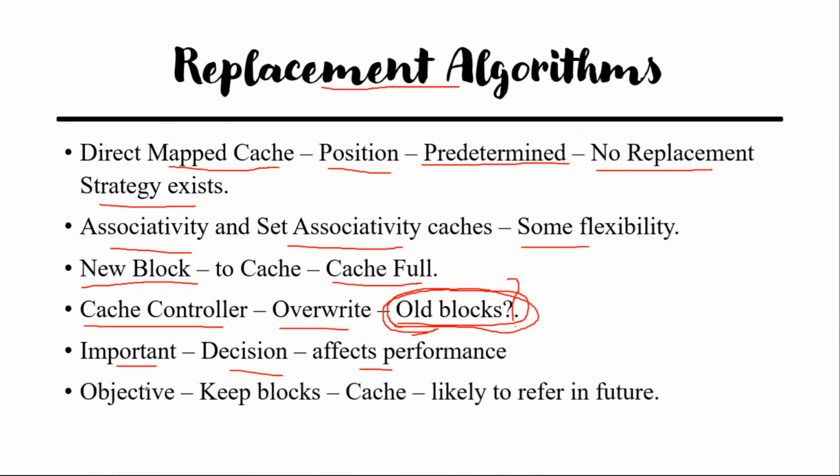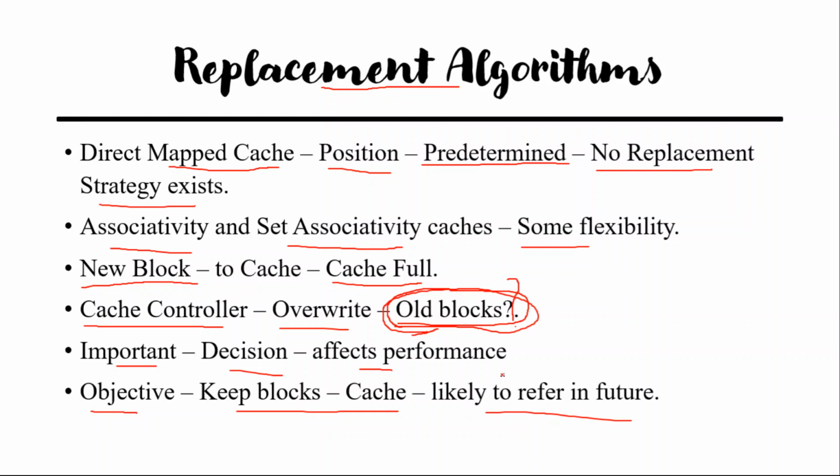Our objective is to keep such blocks in the cache memory which are highly likely to be referred to in the future. So you can only replace a block which is highly unlikely to be referred to in the future.